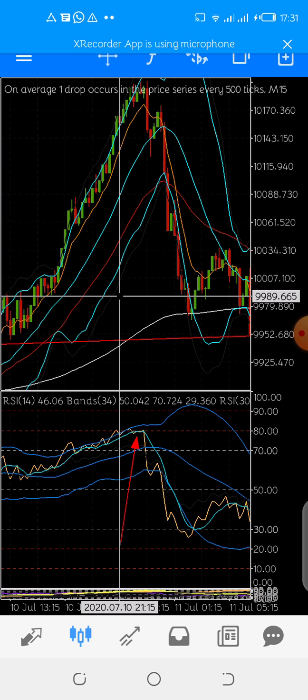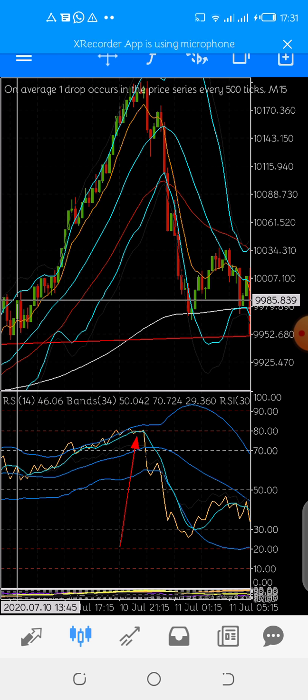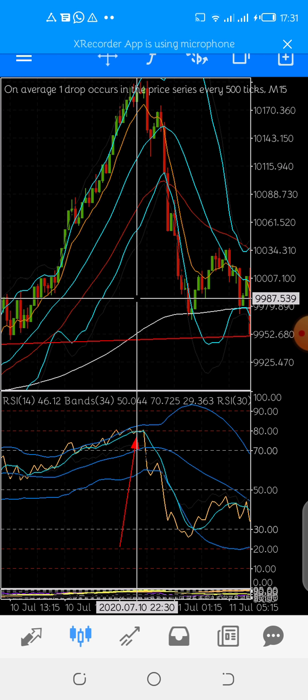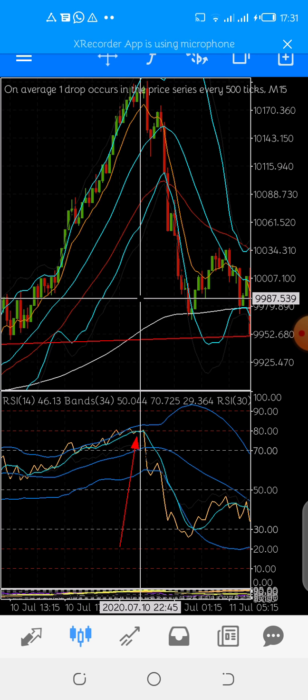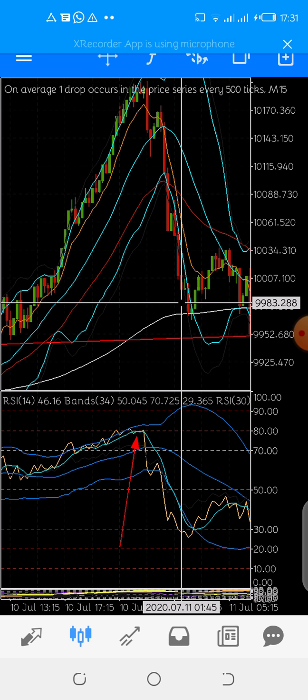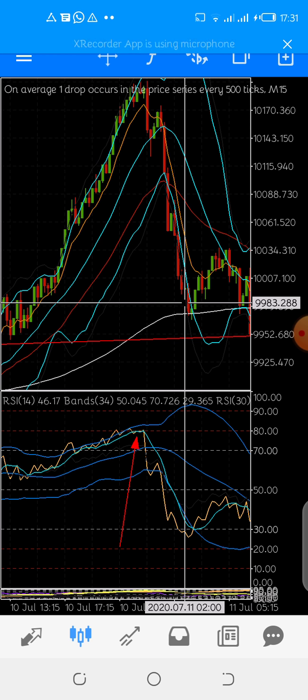So you can imagine it had been going up for a full day, and then the next minute it starts crashing from there, and for the next 10 candles it's crashing. A market that has gone up the entire day will crash within 2 hours. It has covered back that market.